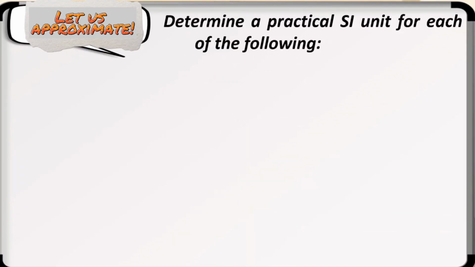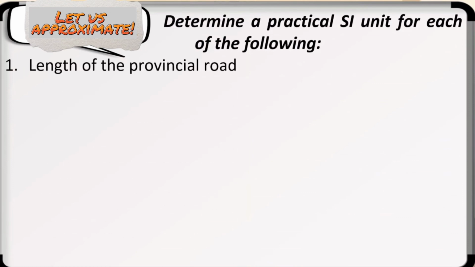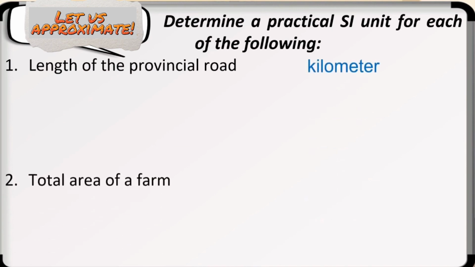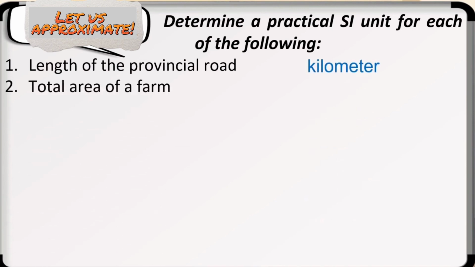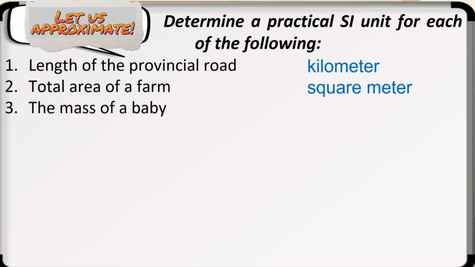Now let us approximate. Determine a practical SI unit for each of the following. Number 1, length of the provincial road. Kilometer. Number 2. Total area of a farm. Square meter. Number 3. The mass of a baby.